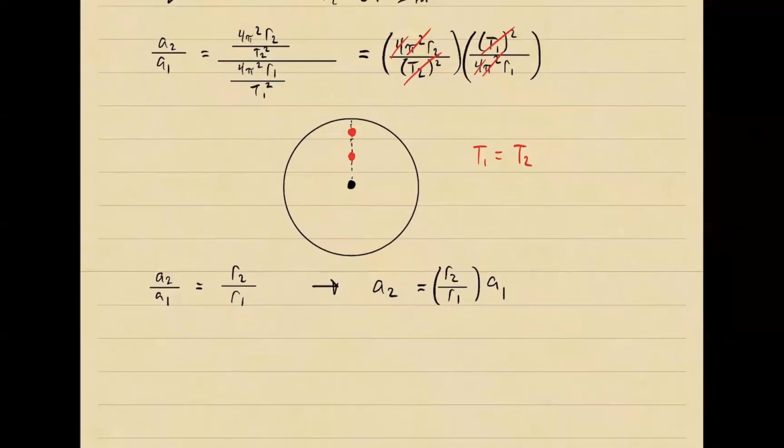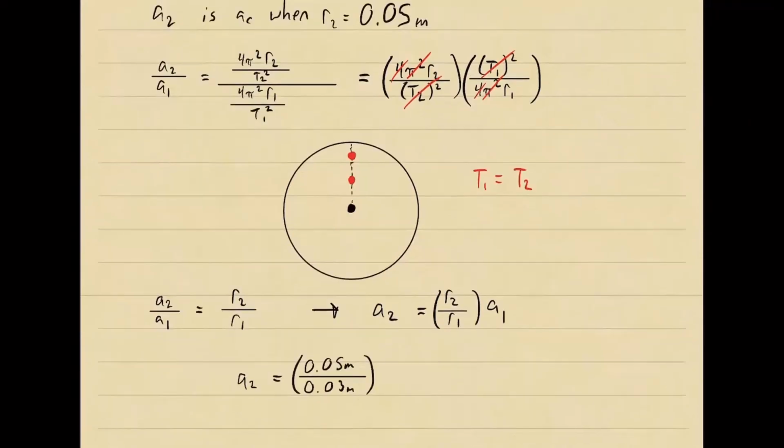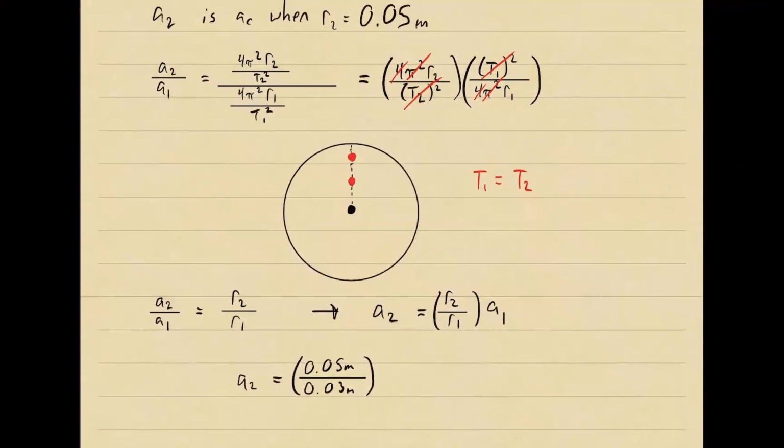So the centripetal acceleration when we're 5 centimeters away from the center of our disk is going to be equal to R2, which is 0.05 meters, divided by R1, which is 0.03 meters, times the magnitude of the centripetal acceleration when we're only 3 centimeters away from the center.